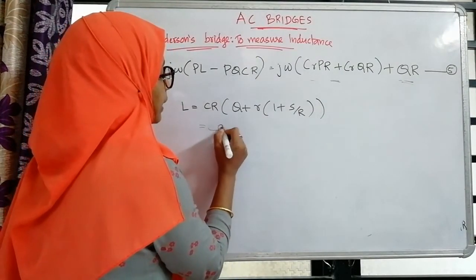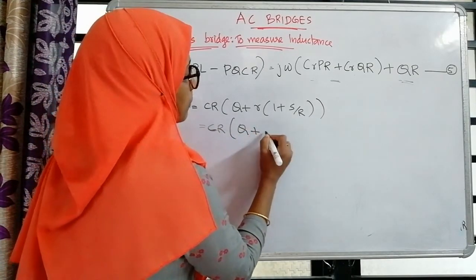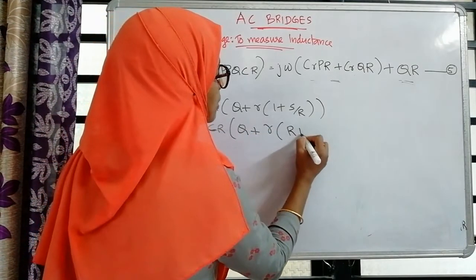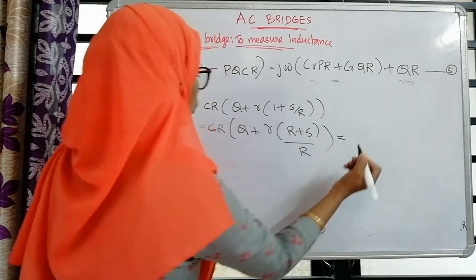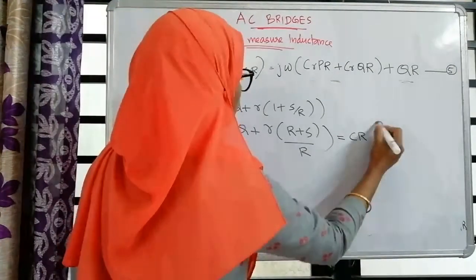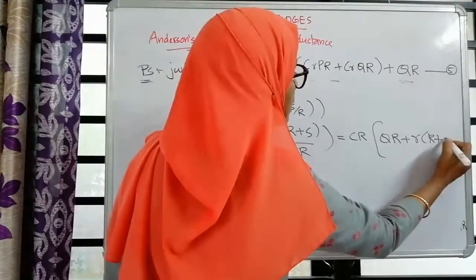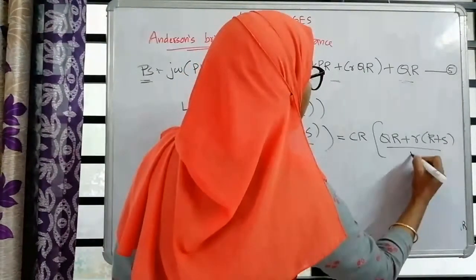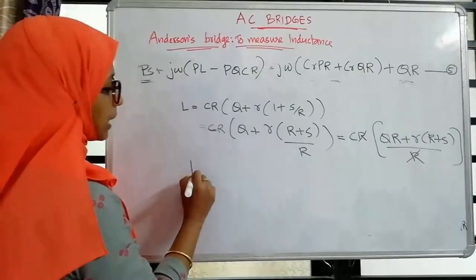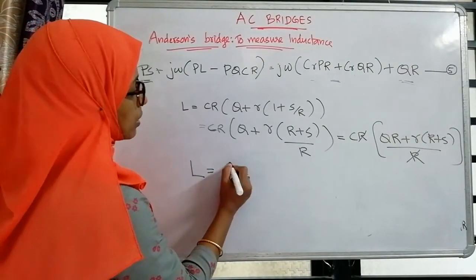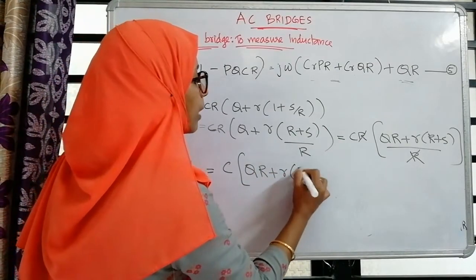Then we can take the LCM, that is CR into (Q plus R) into (R plus S) by R. This is equal to CR into (QR plus R) into (R plus S) divided by R, so that these two R's can be cancelled. And the remaining is L is equal to C into (QR plus R) into (R plus S).